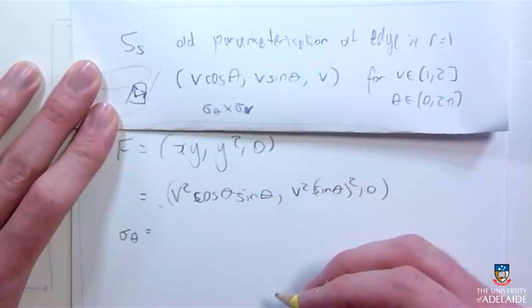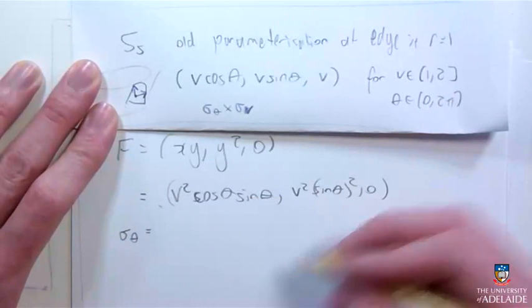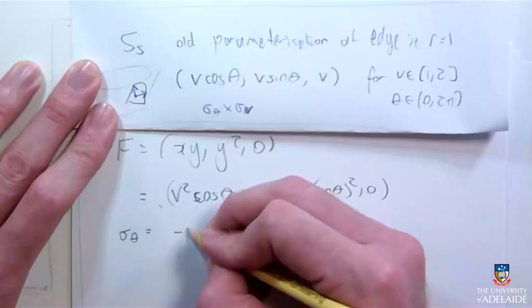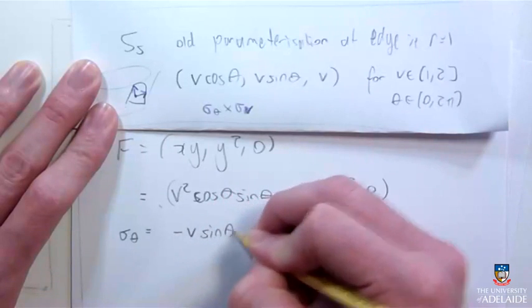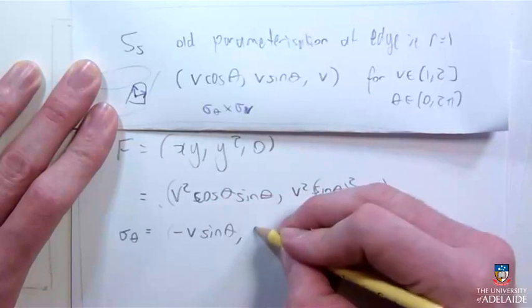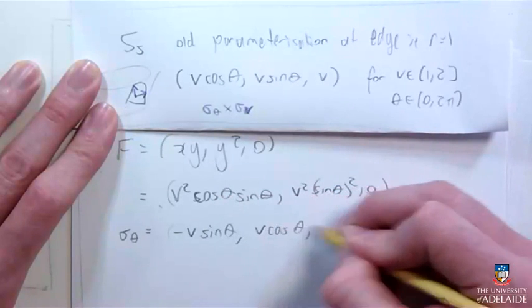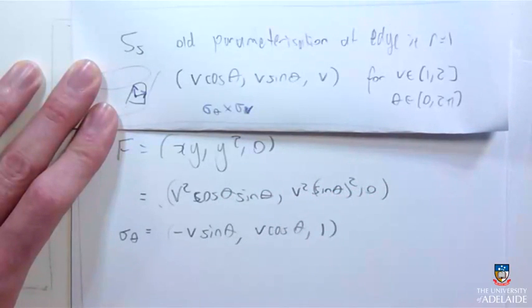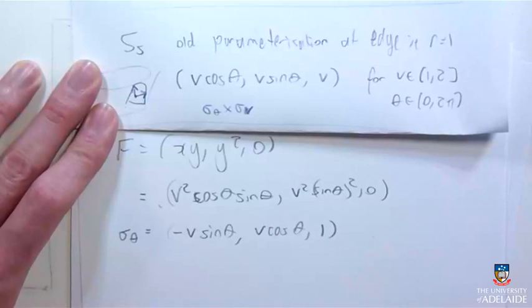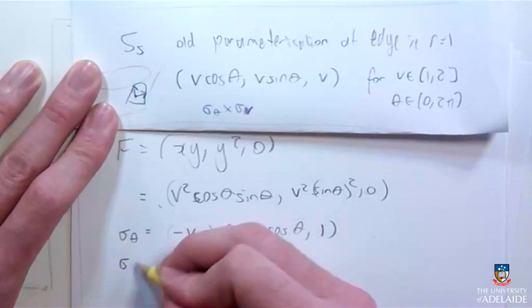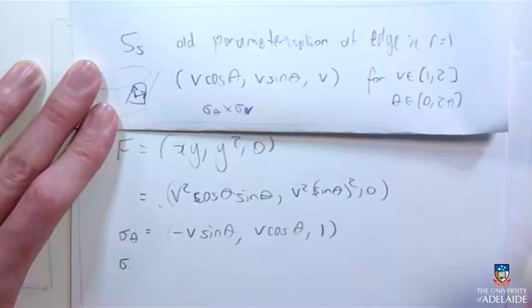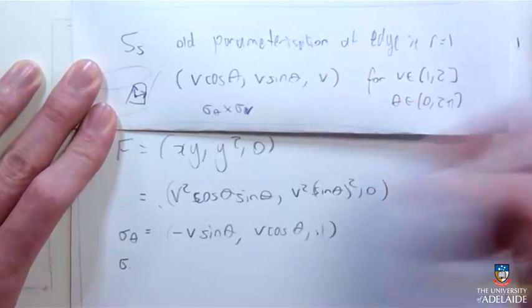So we've got that's minus v sine theta. So very similar, right? 1 this time, not a 0. Oh, did I do that with v? This is a 0 this time, because I was doing theta.